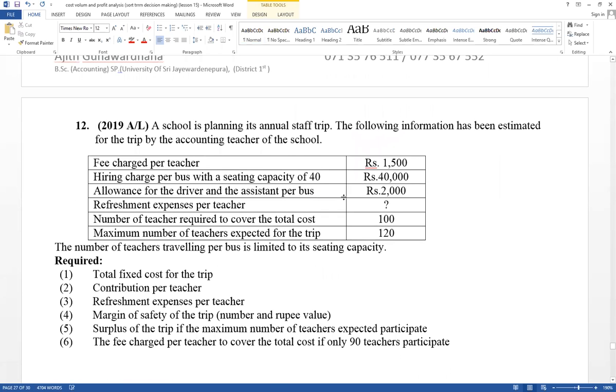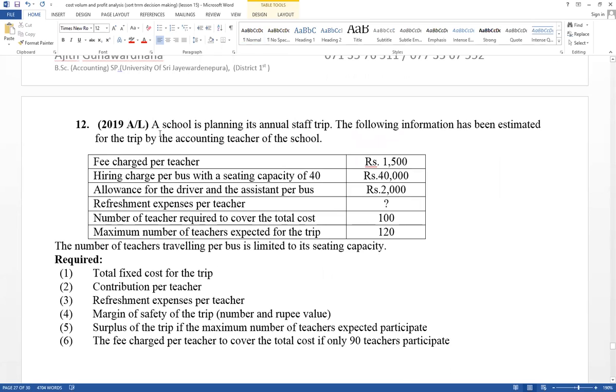This is 2019 paper. First one, read carefully. Try to recognize variable cost per unit, fixed cost, total value.